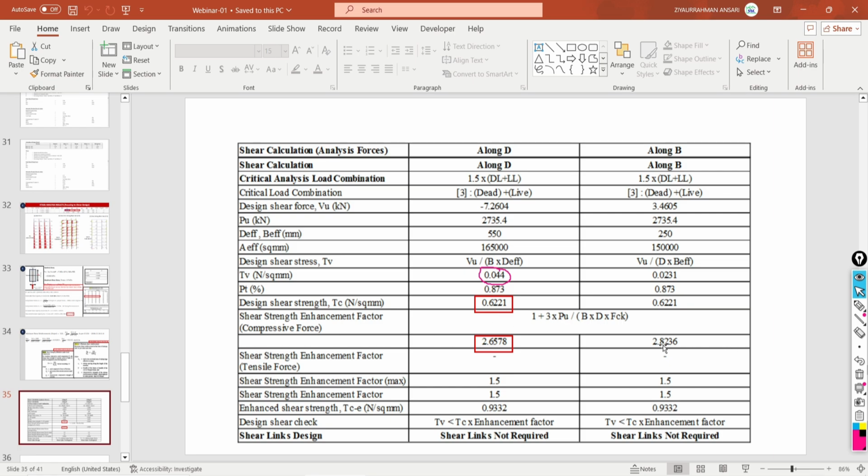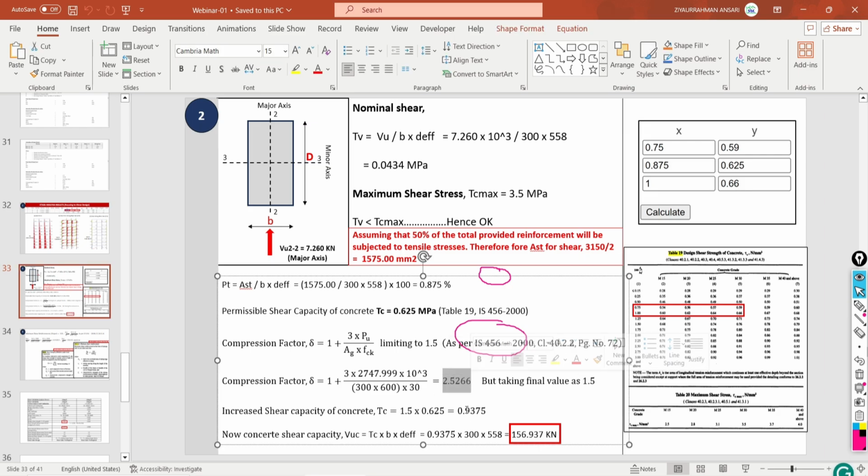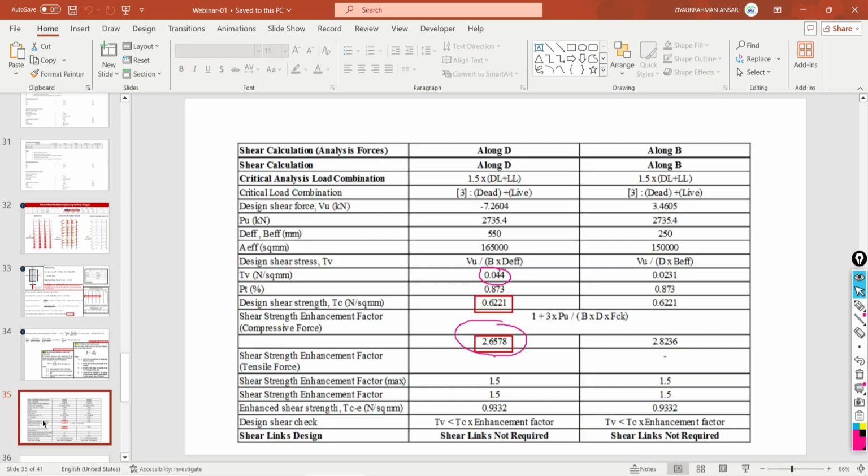Now the compression factor they have calculated as 2.65. What have we calculated? 2.52, almost matching, but limiting to 1.5. RCDC is also following the same guideline of your IS 456, 1.5 maximum value.